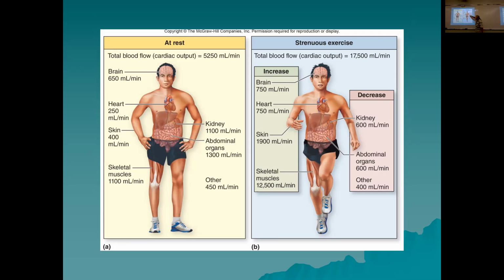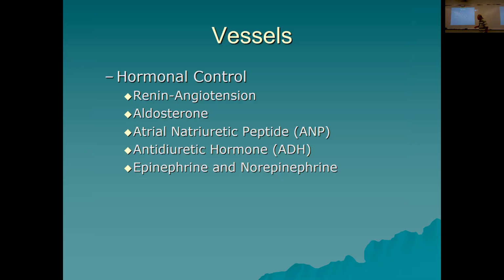But what don't you need? So you got that whole dilation there. Blood pressure is going to drop over the body. You don't need these when you do strenuous exercise. So abdominal organs decrease from 1,300 to 600, kidney down from 1,100 to 600. So this is vasomotor distribution of blood to where you need it most, depending upon what you're doing at that moment.